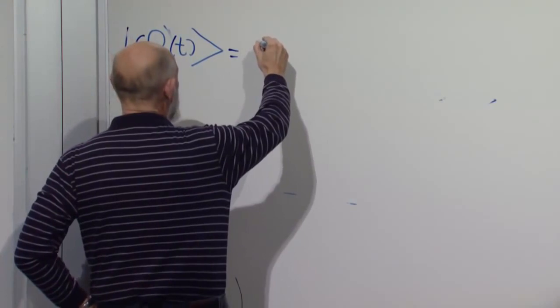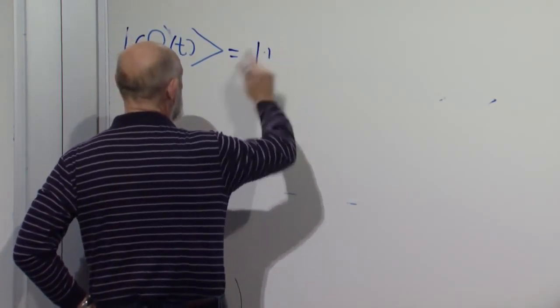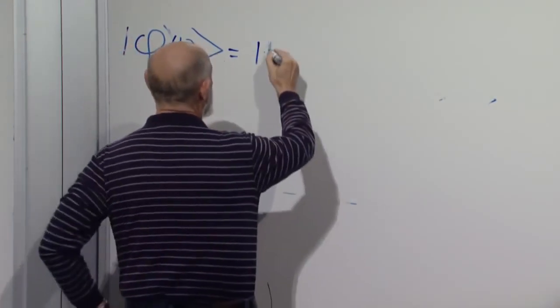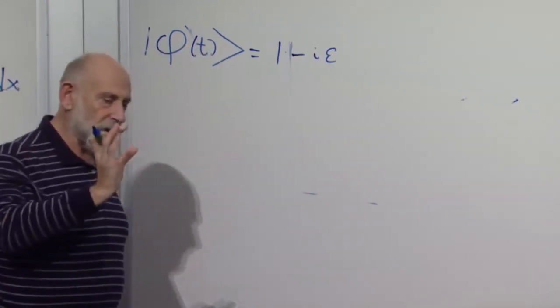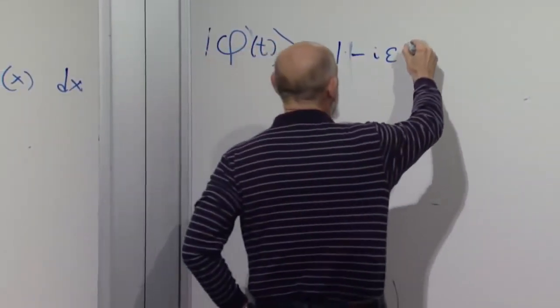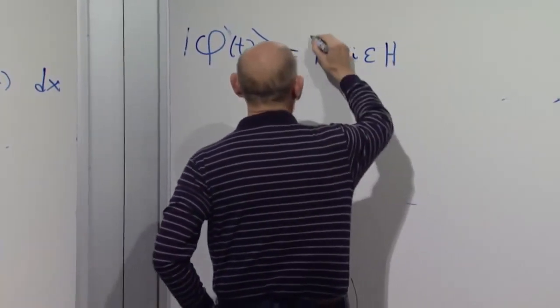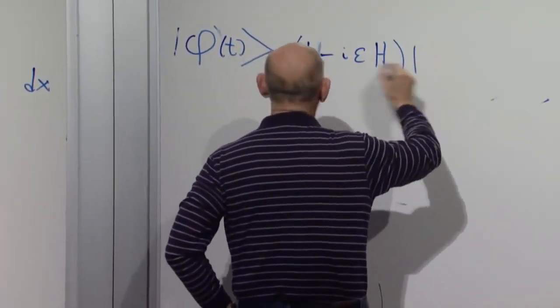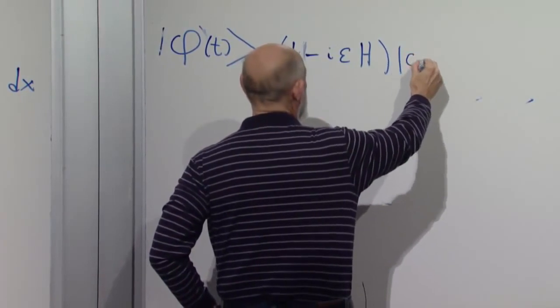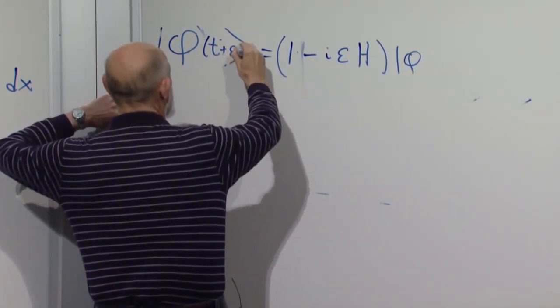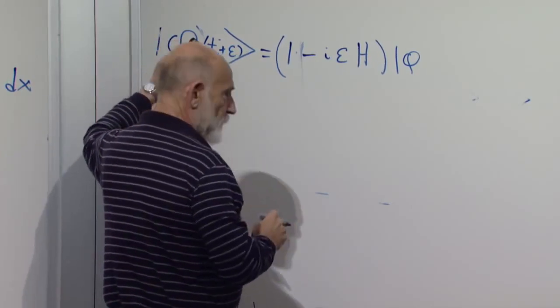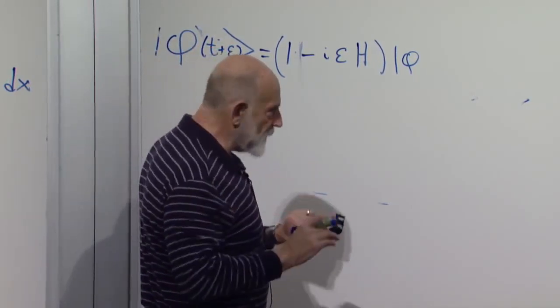Gives you 1 minus i epsilon, that's the little time interval, little separation of time, the Hamiltonian times phi itself. Sorry, this is phi of t plus epsilon. The field, or the state at a slightly displaced time.